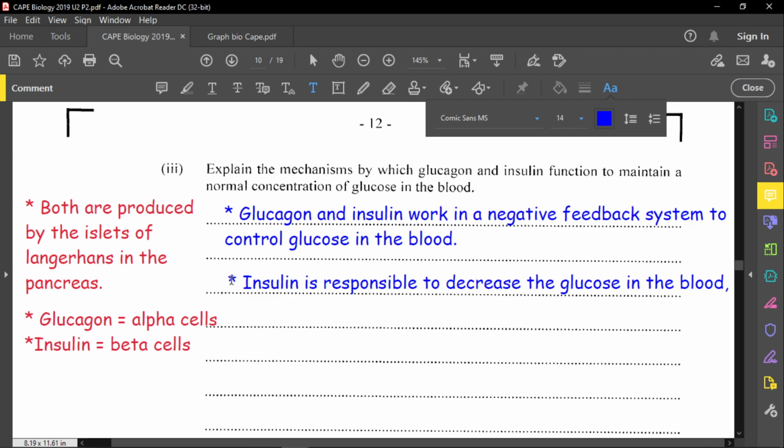While glucagon increases the amount or concentration of glucose in the blood, okay? So again, insulin is responsible to decrease it, while glucagon is responsible to increase it.